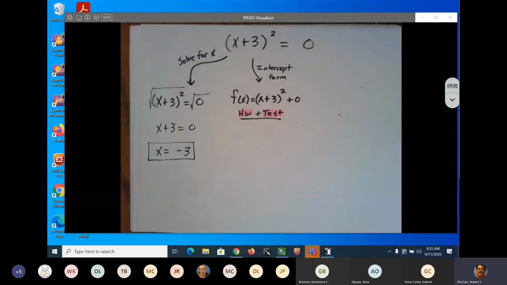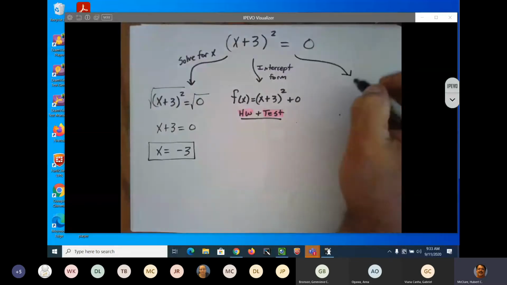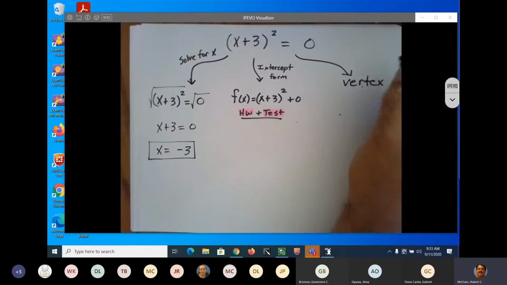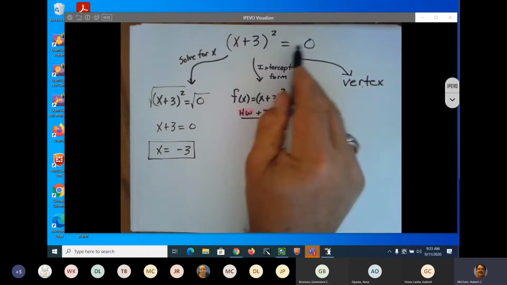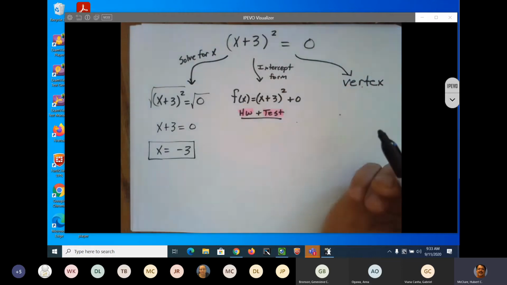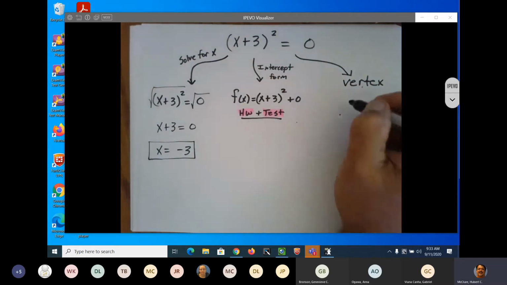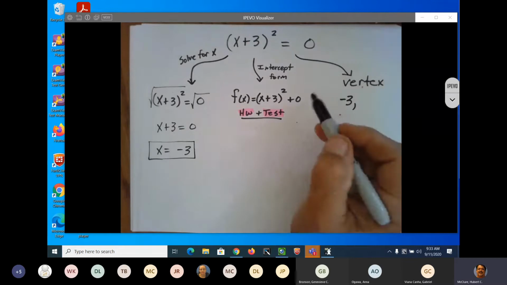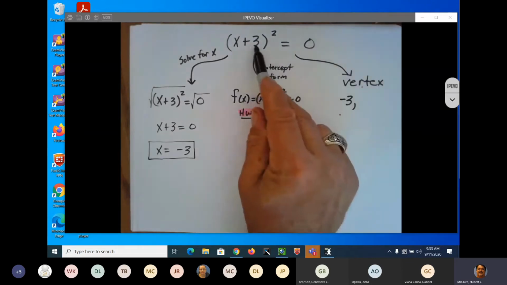And the third thing that you can do is just write down the vertex. If you write down the vertex from this form right here, you just take the opposite of both numbers. So that would be -3. Remember, the horizontal shift is always the opposite of this.